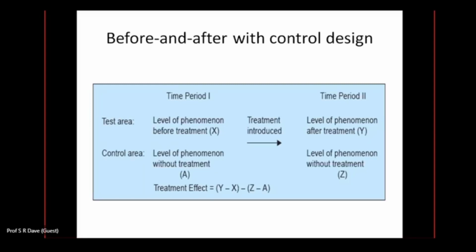Residuals means the difference between a predicted value and an obtained value. Whatever difference we are getting is due to what? Either it is due to the independent factor you have studied, or the independent factor plus some factors whose effect you don't know.